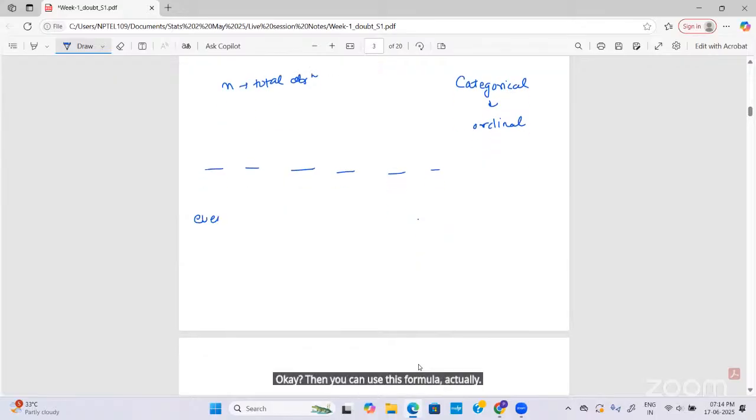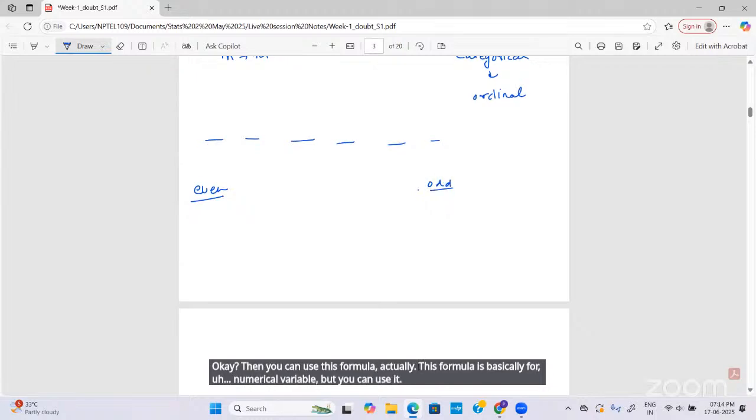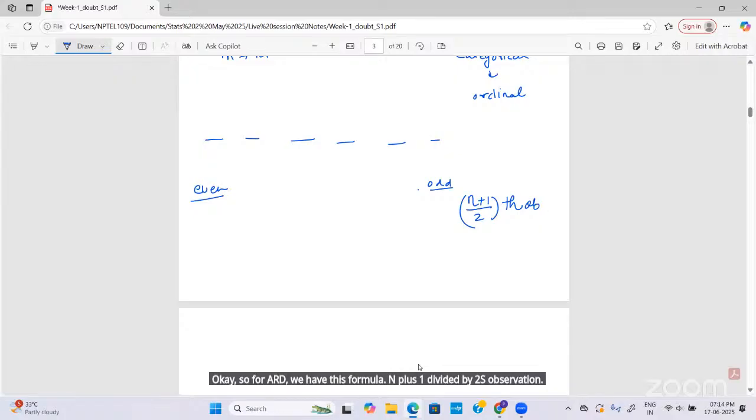This formula is basically for numerical variables, but you can use it. You should know that median is the middlemost value of the data set. For odd, we have this formula: n plus 1 divided by 2th observation. Suppose your n is equal to 9, which is an odd number.